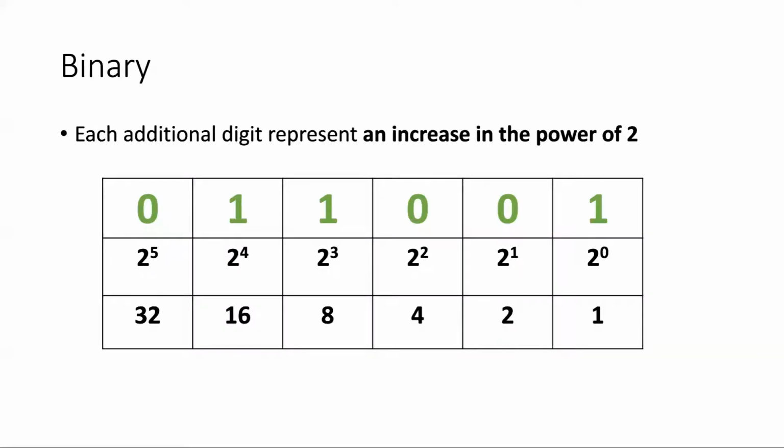In binary system, each additional digit that we have shows an increase in the power of 2. So remember in base 10, we started with 10 to the 0, 10 to the 1, 10 to the 2, and so on. Here we have 2 to the 0, 2 to the 1, 2 to the 2, and so on and so forth. So this basically means that in the first position, we are showing the number of 1s.